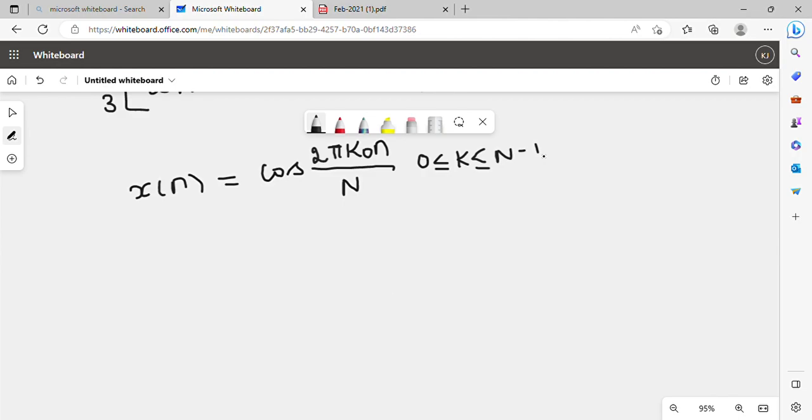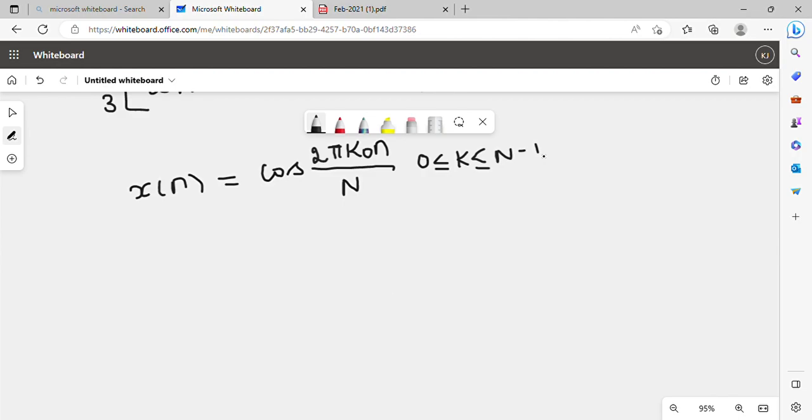In this particular question, it is given that cos 2 pi k naught n by N, for 0 lesser than or equal to k lesser than or equal to N minus 1.